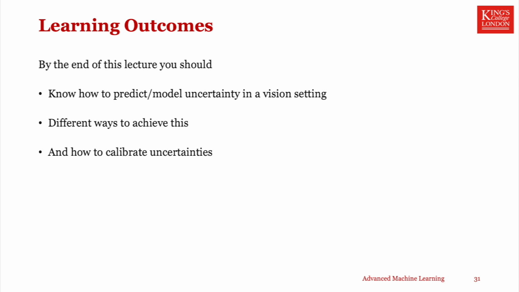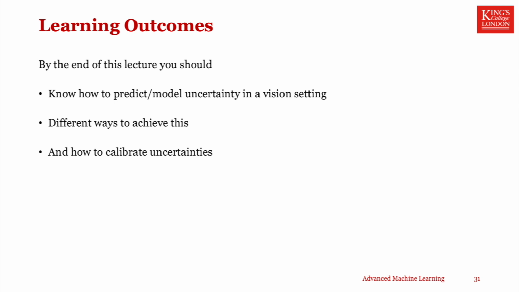Okay, so today we've looked into how we apply uncertainty assessment in an image analysis or in a vision setting. And obviously everything that we learned today is extrapolatable to 2D, 3D, 4D, or any high-dimensional setting, as long as you can train the models themselves.